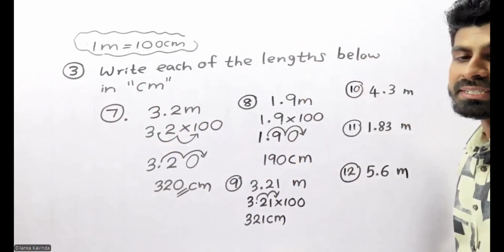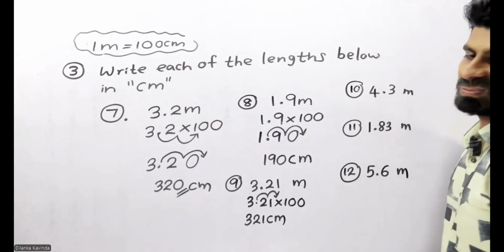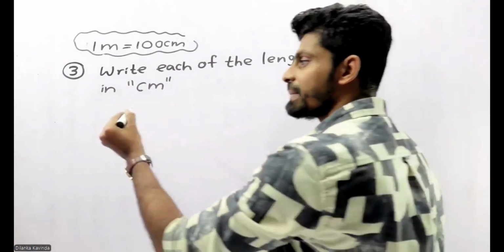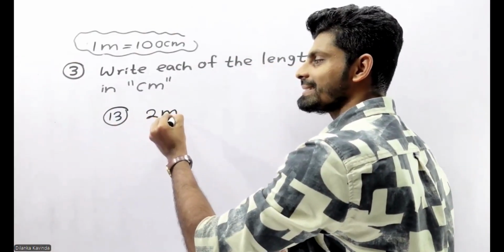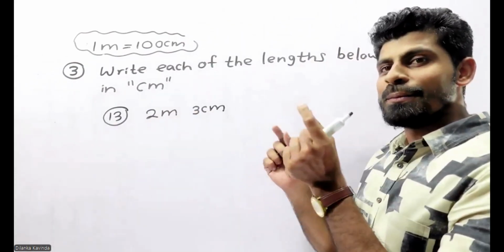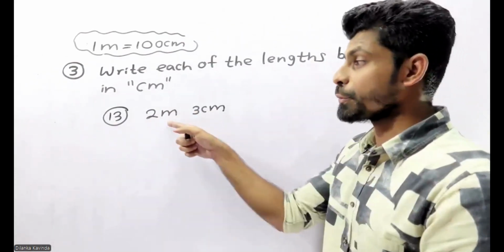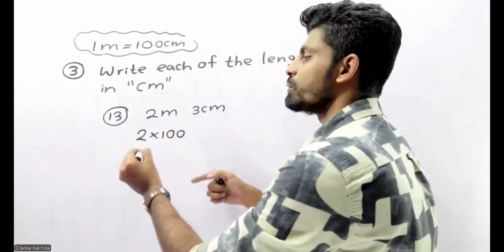Automatically, to convert into centimeters, multiply by 100. Question number 13: 2 meters 3 centimeters. 2 meters means 2 multiplied by 100, 200.